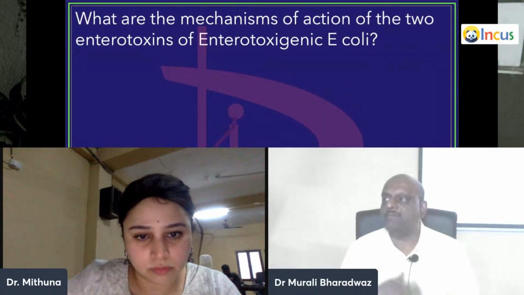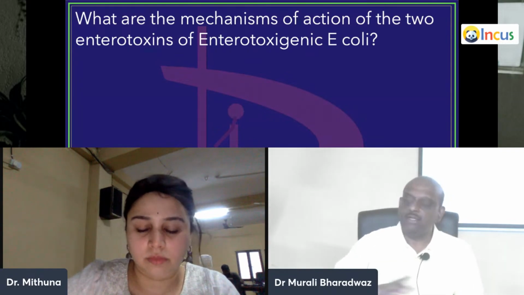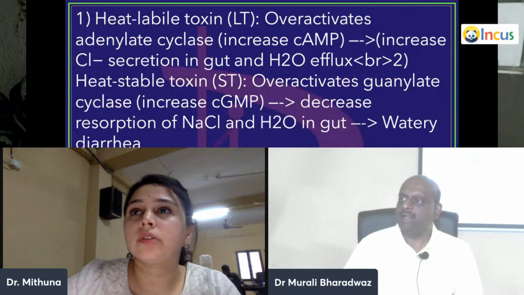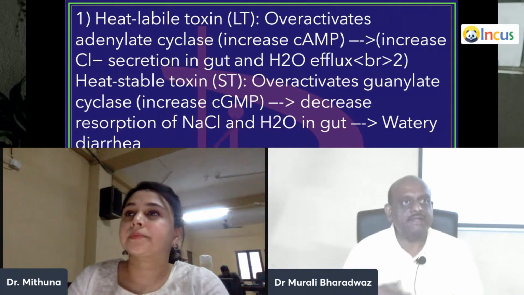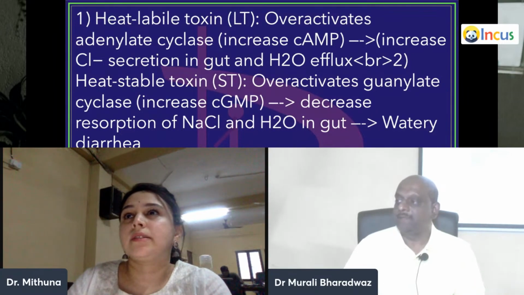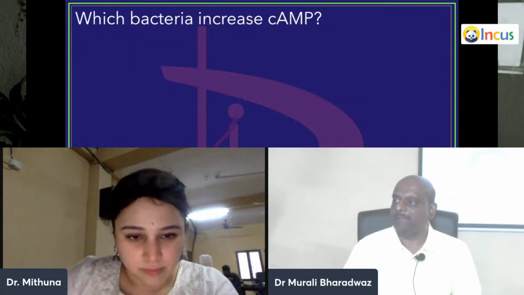What is the mechanism of action of the two enterotoxins of the enterotoxigenic E. coli? Already we discussed this question. The heat-labile toxin activates adenylate cyclase and increases cyclic AMP, and the heat-stable toxin increases cyclic GMP. These are the two points to be remembered.